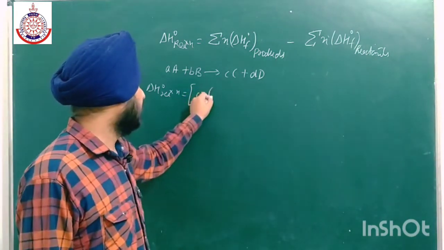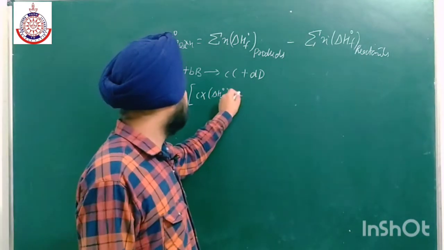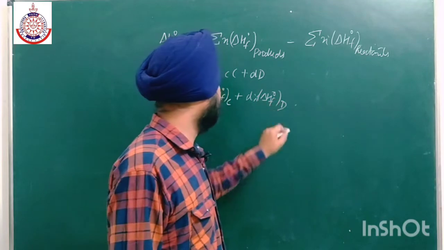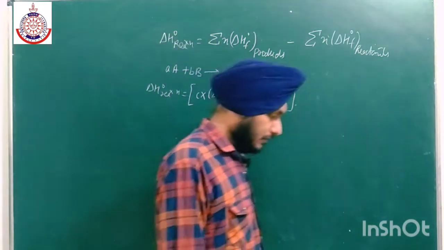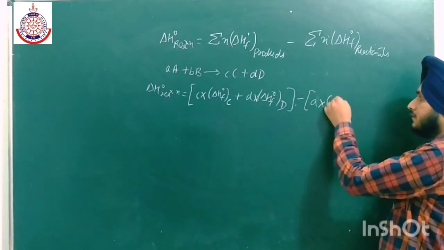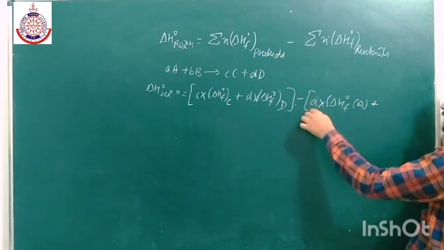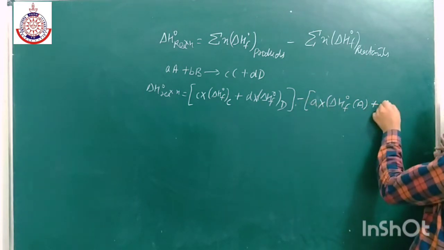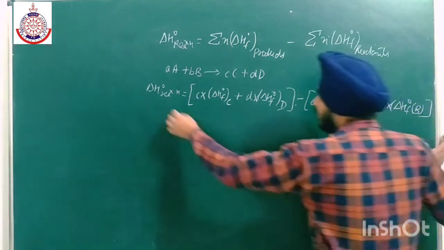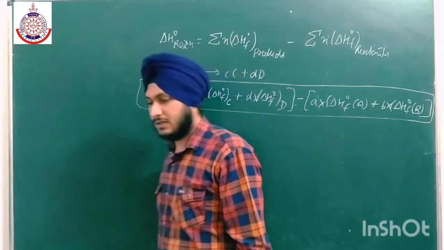So C into delta HF naught of C, plus D into delta HF naught of D, bracket close, and now the reactants: minus A into delta HF naught of A, plus, as I have taken a minus sign over here, B into delta HF naught of B. So this is the formula which we have to use in calculating delta H naught of reaction from the enthalpy of formation.